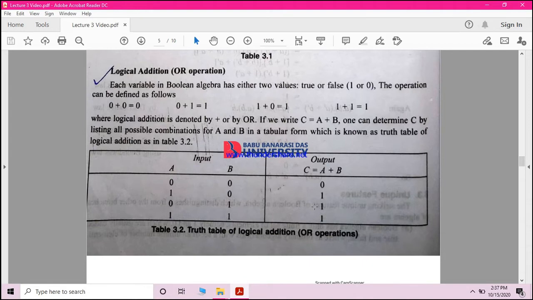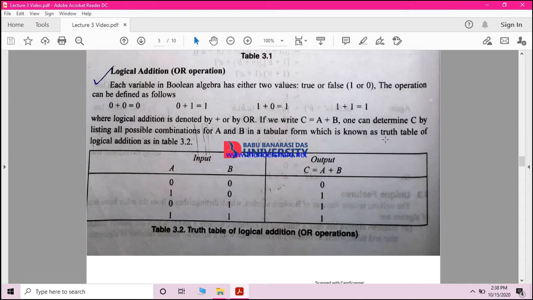The logical addition is also denoted by a plus sign, or it is also called an OR. If we write C is equal to A plus B, one can determine C by listing all the possible combinations for A and B in a tabular form, which is known as the truth table of the logical addition, as mentioned here in this truth table.